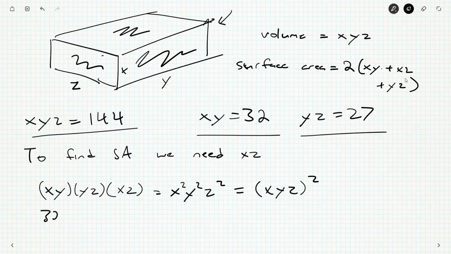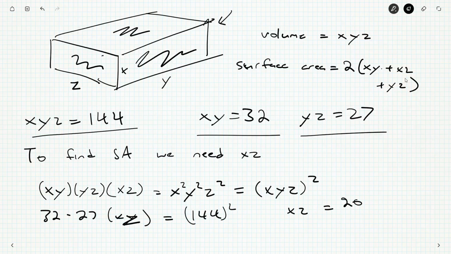So we've got 32 times 27 times XZ is equal to 144 squared. Well, I can rearrange and say XZ is 144 squared, which I don't remember off the top of my head. It's 12 to the 4, which I should know, but for some reason don't. 20,736 over 32 over 27.